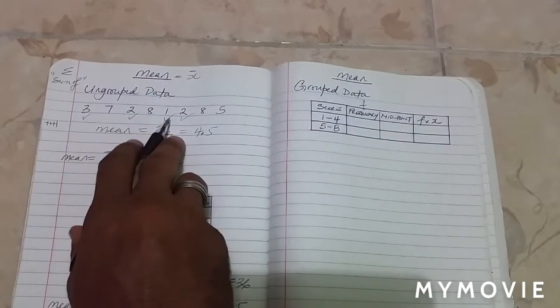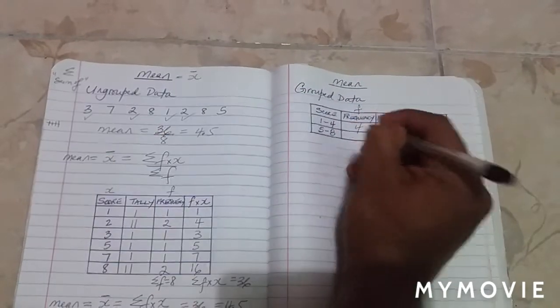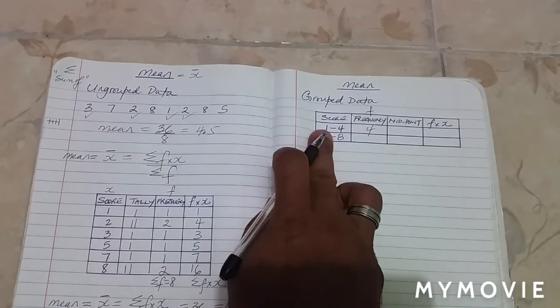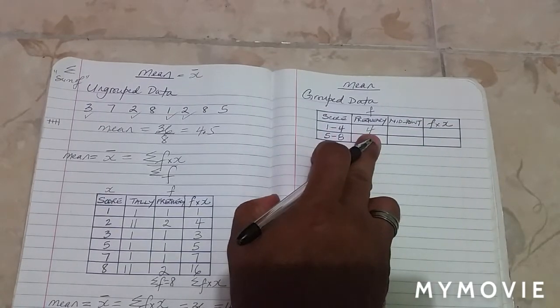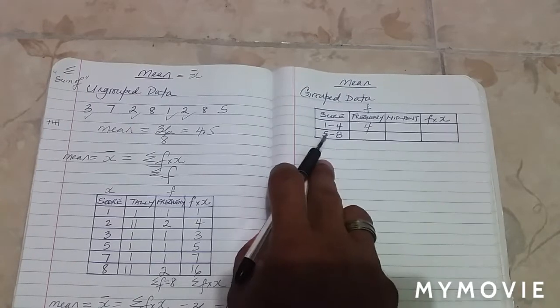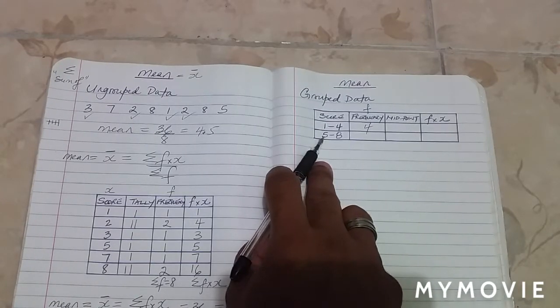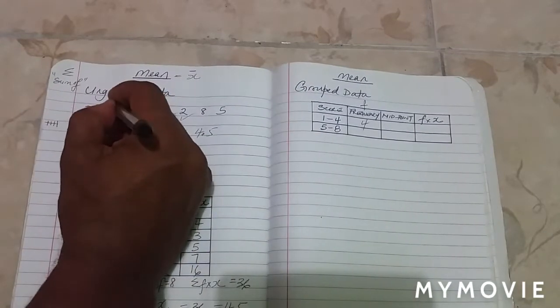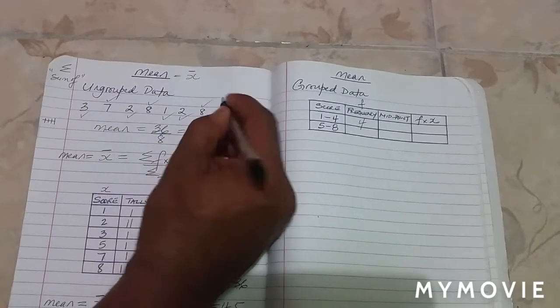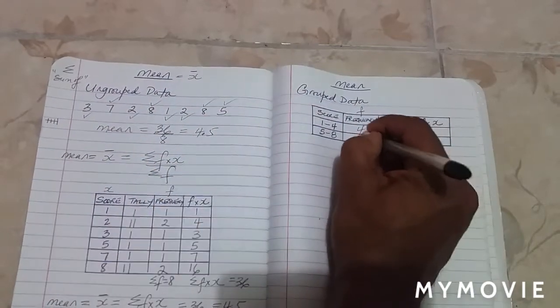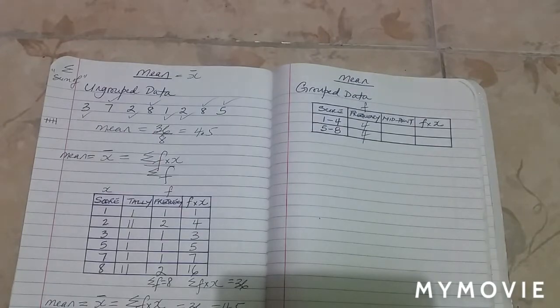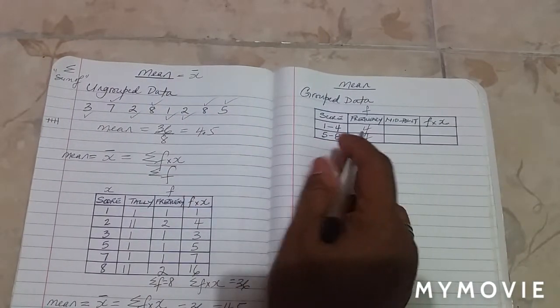So we have 1, 2, 3, 4. So the number of scores that occur from 1 to 4 is 4. So we have that value. And the number of scores that occur from 5 to 8, well, that would be 1, 2, 3, 4, and that's 4 as well. So now we have this information here.